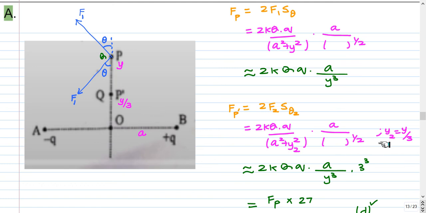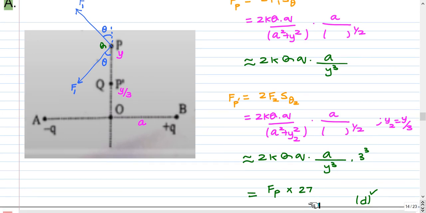And y2 is y by 3. So using that we get the force as proportional to 1 by (y by 3) cubed. So 3 cubed will go in the numerator, and this is F at P. So the force is going up by 27 times.